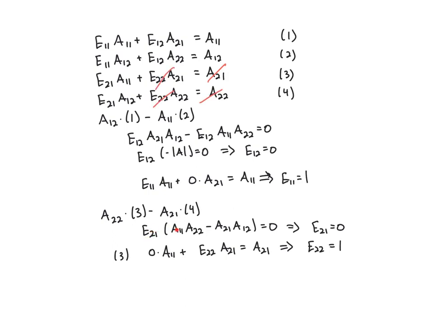And again, you end up discovering that you get a determinant times our unknown constant equals 0, so our unknown constant must be 0. And then if you substitute that in for equation 3, you end up getting that our other unknown constant must be 1. So here we're saying that the lower left corner is 0 and the lower right corner is 1.